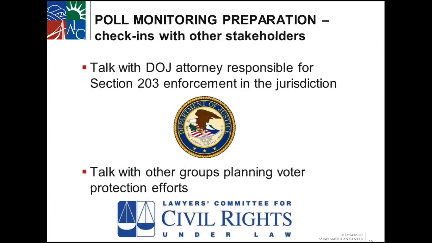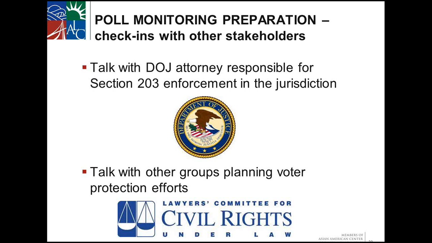Another thing to consider doing when preparing for your poll monitoring operation is checking in with other stakeholders that may be involved with your jurisdiction. In particular, talking with the DOJ attorney responsible for Section 203 enforcement in your jurisdiction. Oftentimes they have valuable information. They may be doing some poll monitoring on their own.